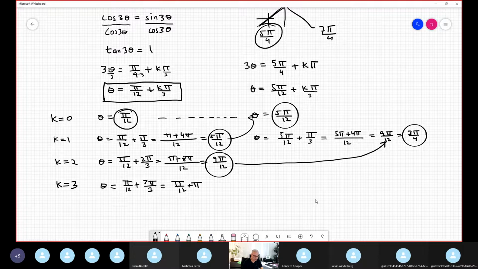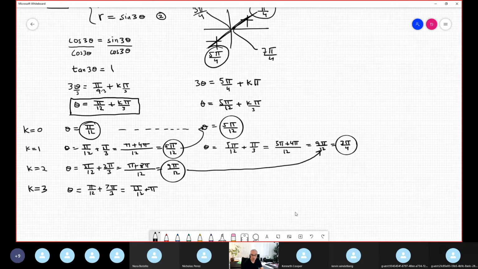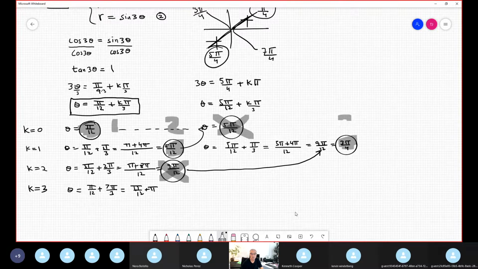Actually, we discover the intersection between these curves, 3 points. Let me summarize. The points are pi over 12, 5 pi over 12, which is the same as this, and 3 pi over 4, which is also the same as this. And that's it: 1, 2, and 3.